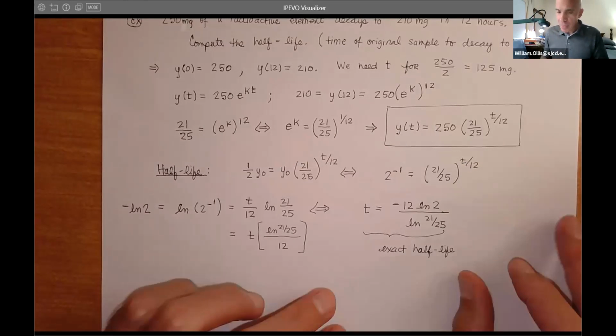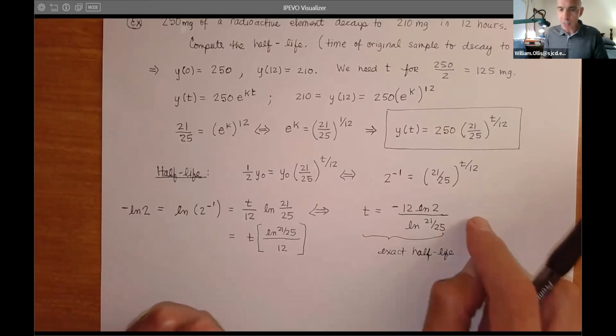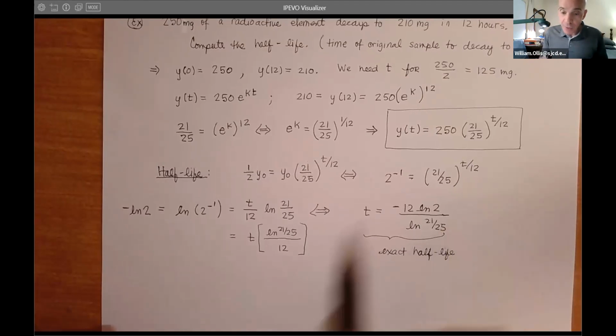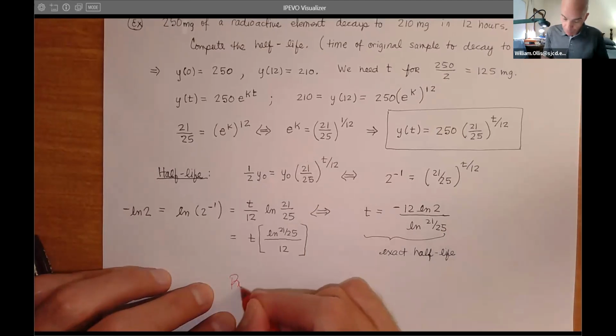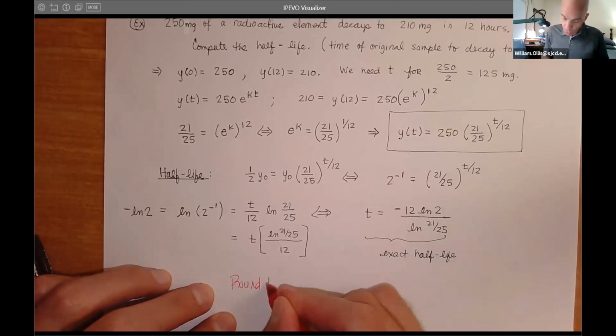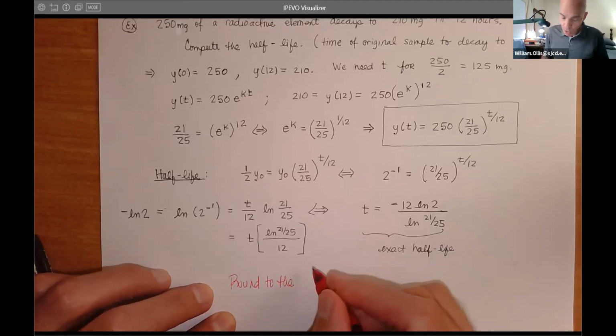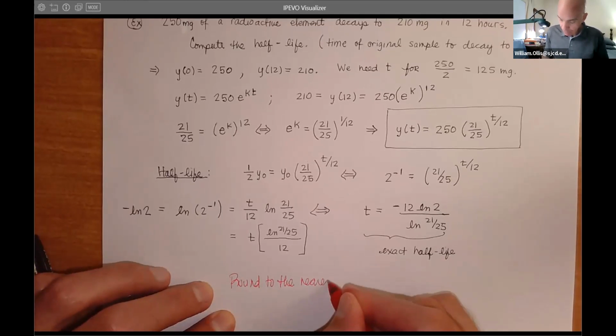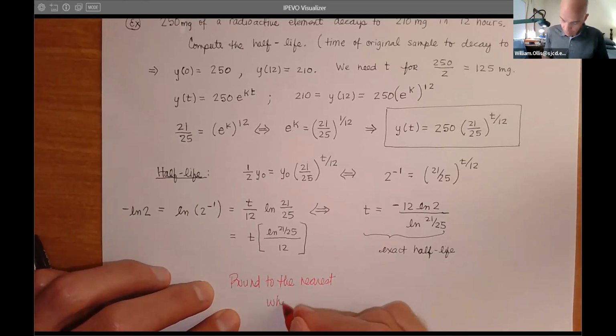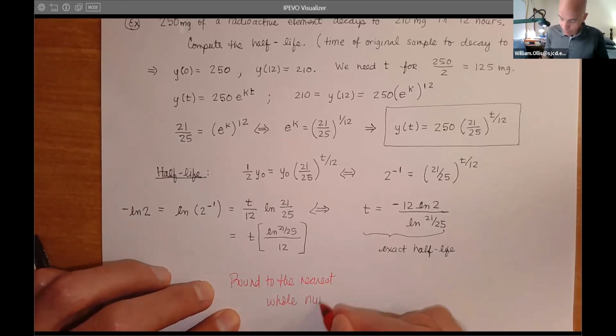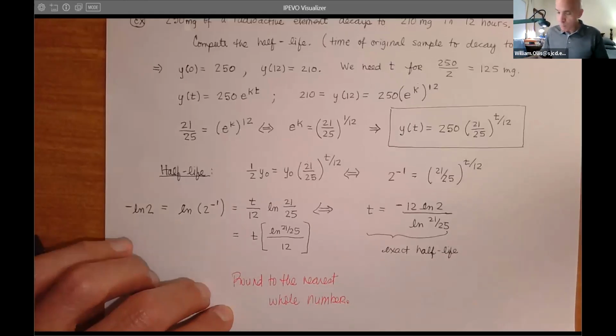So now you look at this and say, we can go to the Google calculator. And in this case, WebAssign directs to round to the nearest whole number. So again, this will be in years.